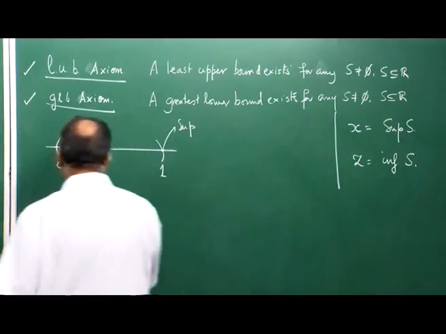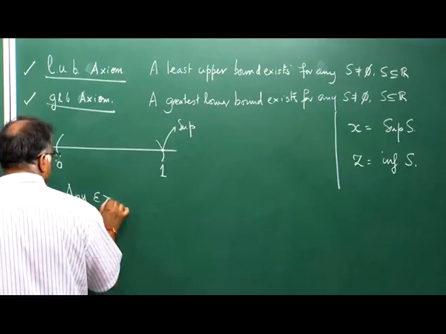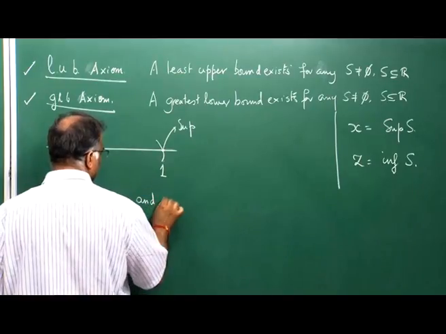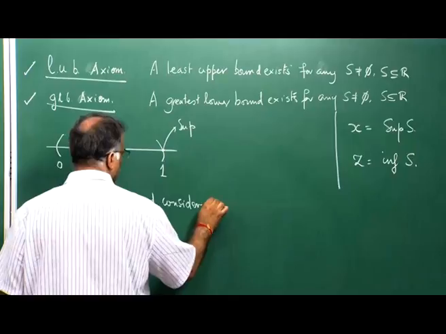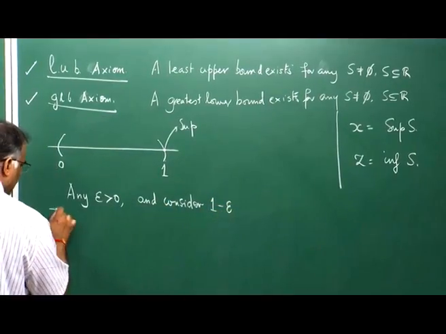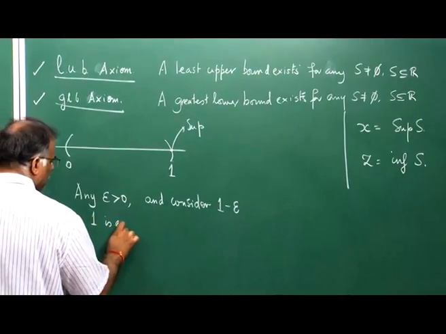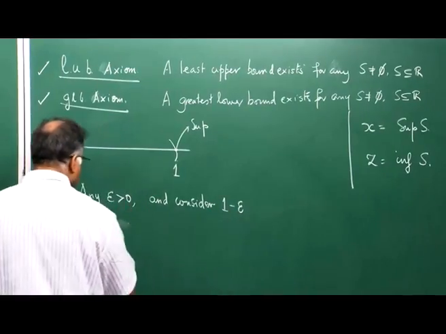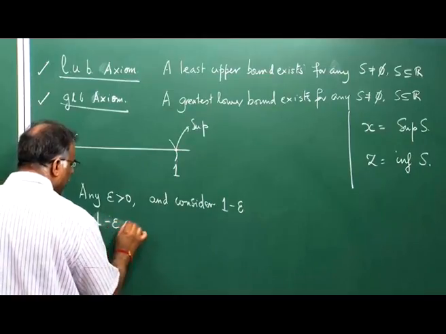So, if I take any epsilon greater than 0, no matter how small, and consider 1 minus epsilon, then 1 is an upper bound. So, if 1 is an upper bound, then 1 minus epsilon cannot be an upper bound.